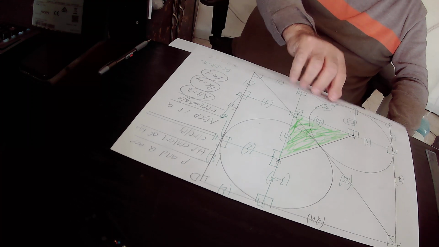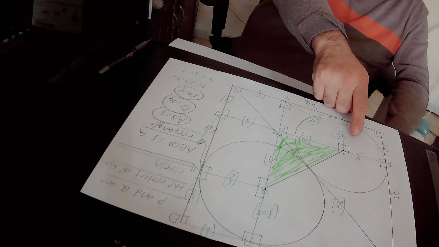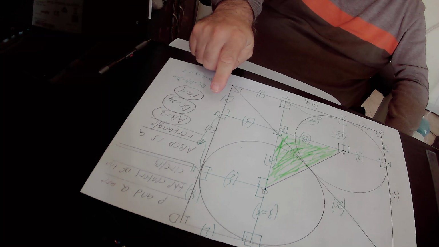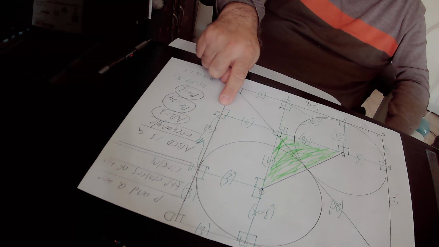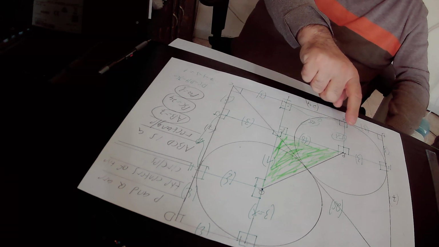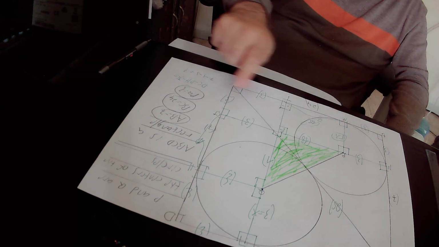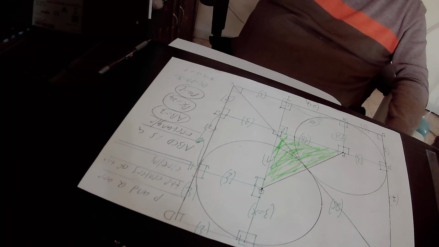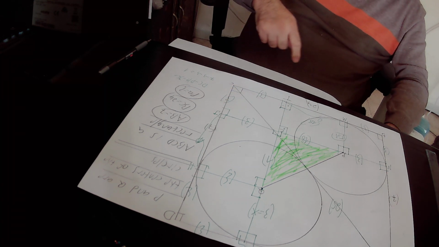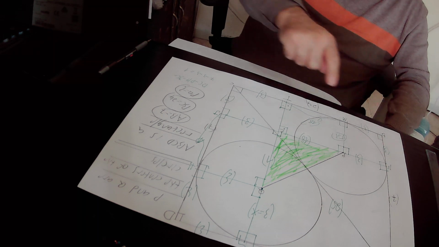Then we extended the radius NP by a straight line until it touched side DC at point J. When you extend a straight line by a straight line, the result is a straight line. So NJ is a straight line. In this way, we created quadrangle NBCJ.